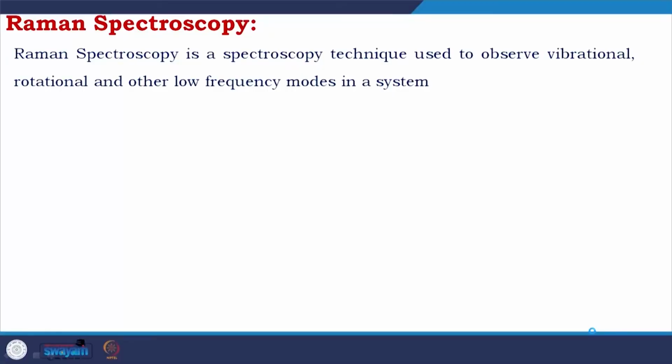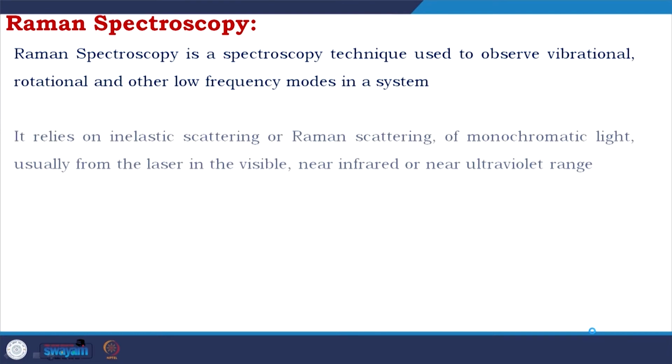So, Raman spectroscopy is a spectroscopy technique used to observe vibrational, rotational and other low frequency modes in a system. It relies on inelastic scattering or Raman scattering of monochromatic light, usually from a laser in the visible, near infrared or near UV range.